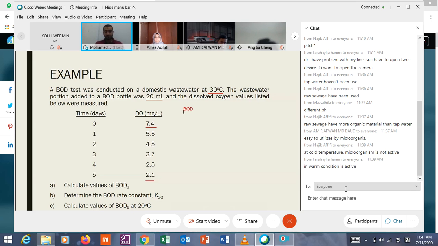BOD equals DO initial minus DO final, but all of this has to be divided by the value of P. So first of all, we have to know the value of P. P equals the original volume, the concentrated volume, which is 20, divided by the total volume.